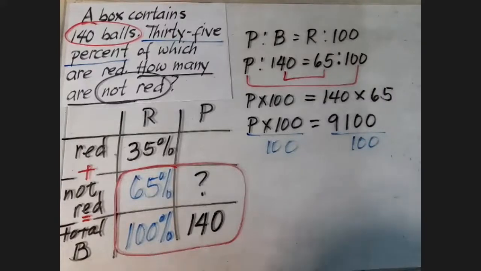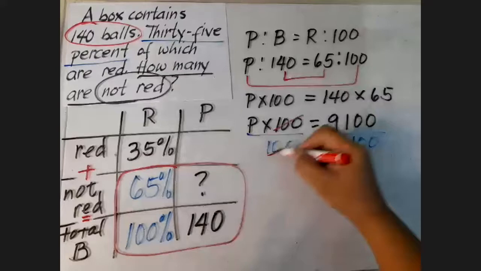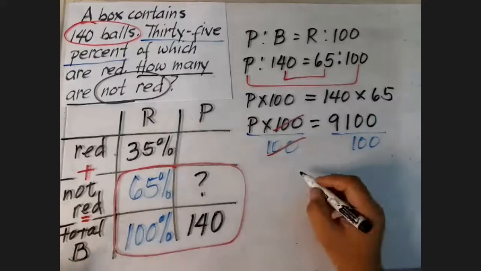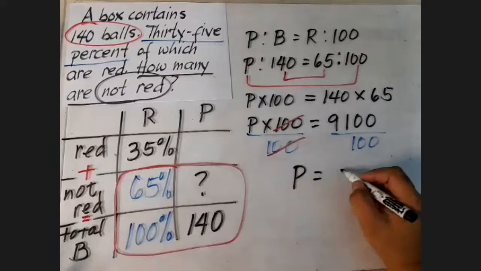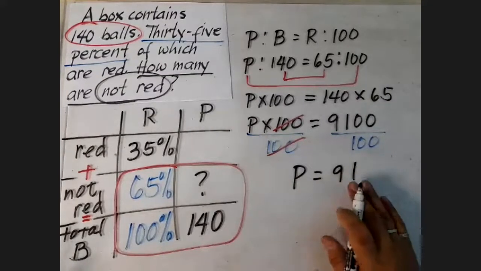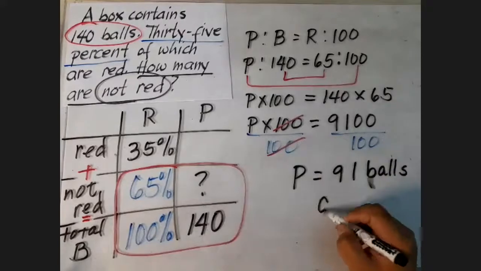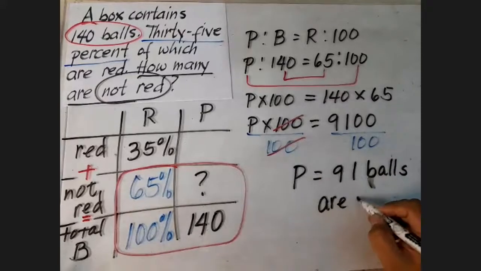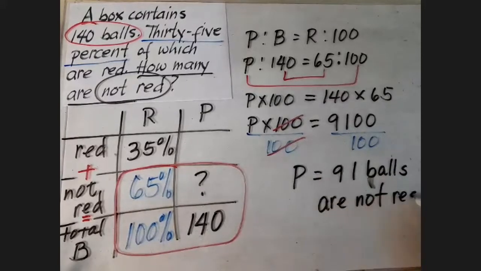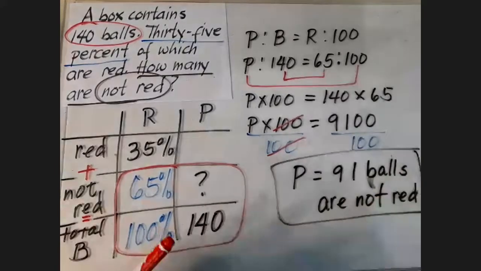So we could cancel out 100, leaving us with P. So P now is 91. Okay? Ano tong 91 na to? 91 balls are not red. Okay? So that is our answer for problem number 5.